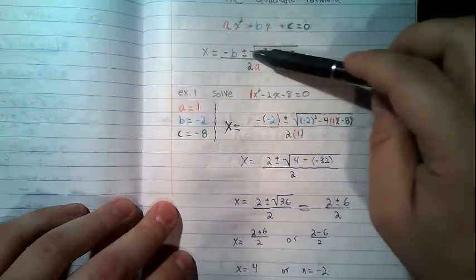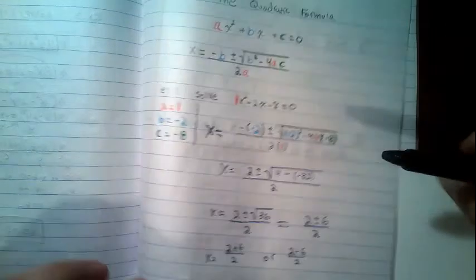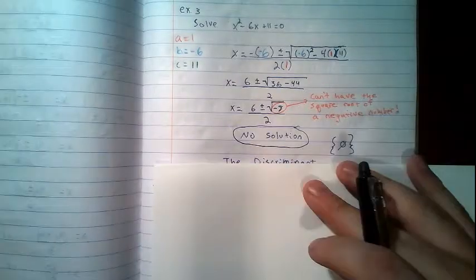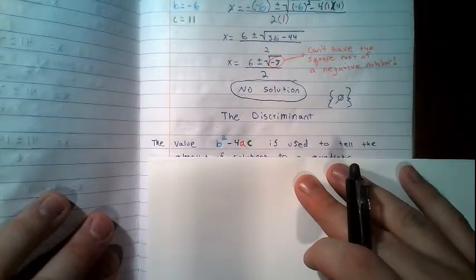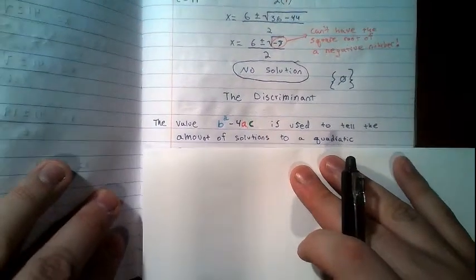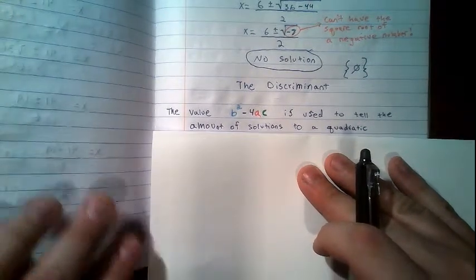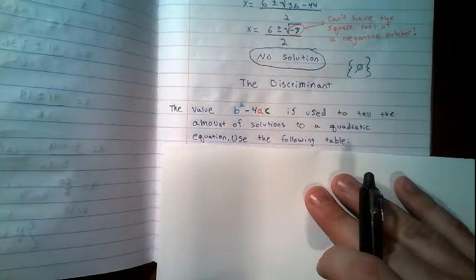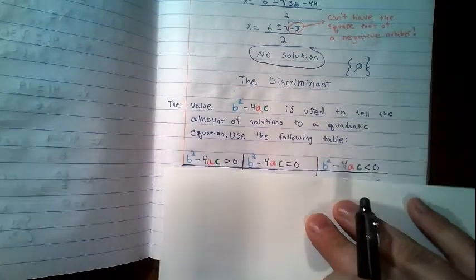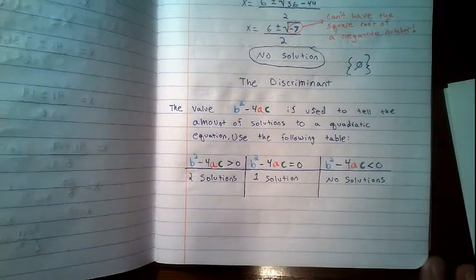So this value here, this formula b squared minus 4ac, we call that the discriminant. So the value b squared minus 4ac is used to tell the amount of solutions to a quadratic equation. Use the following table, okay, which is right here, for the solution.